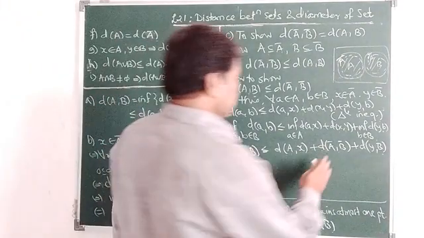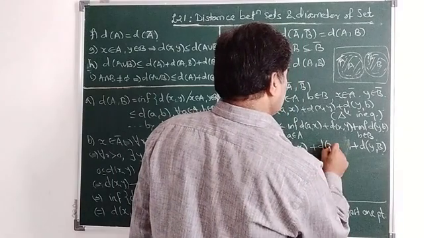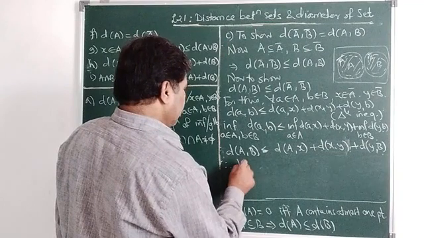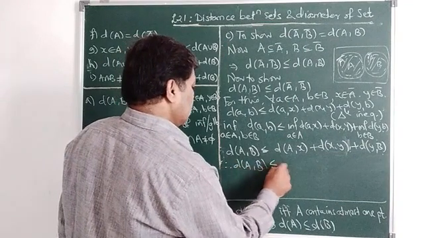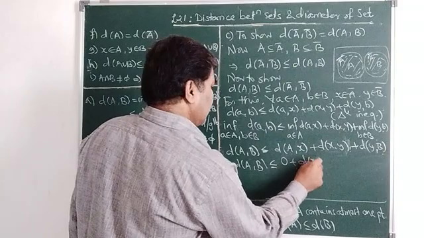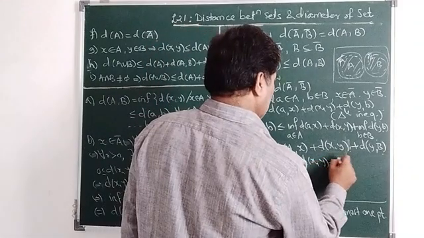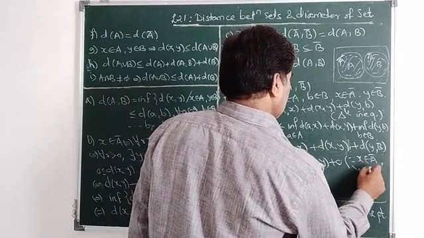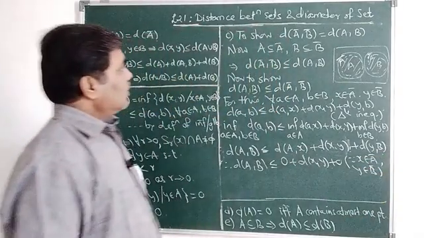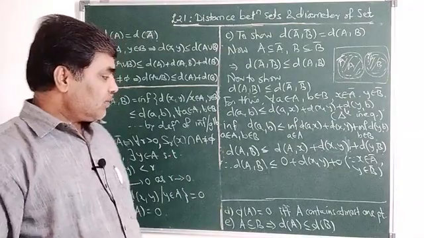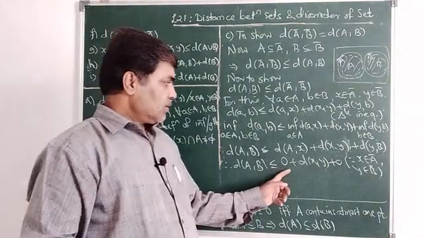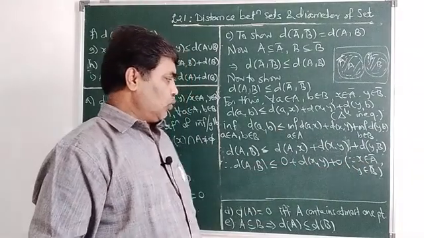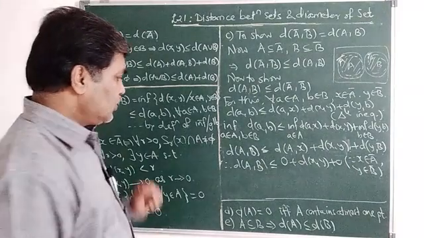Sorry, here we'll keep this d(x,y) as it is, right? And therefore d(A,B) is less than or equal to 0 plus d(x,y) plus 0, since x belongs to A closure, y belongs to B closure, and by the previous part. If x is a member of A closure, then the distance between x and A is 0.